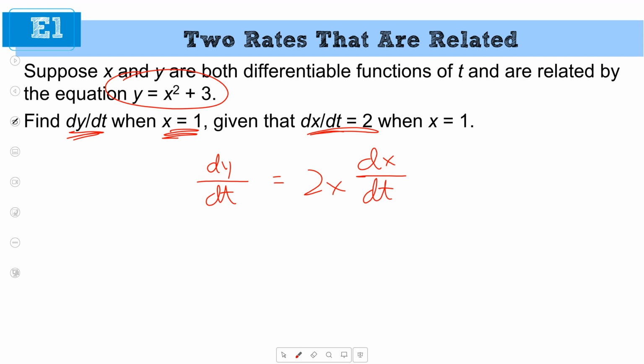Two. Good. I need to know information about 2 of them in order to solve the problem. Well, I do. I know that x equals 1. I know that dx/dt is equal to 2. So I solved this nice easy problem: dy/dt is equal to 4.